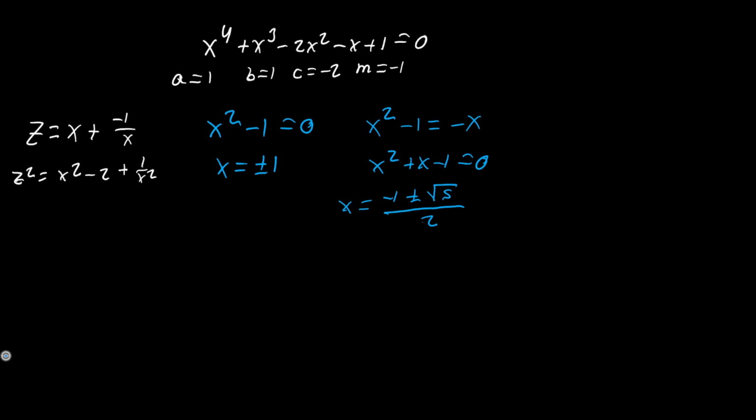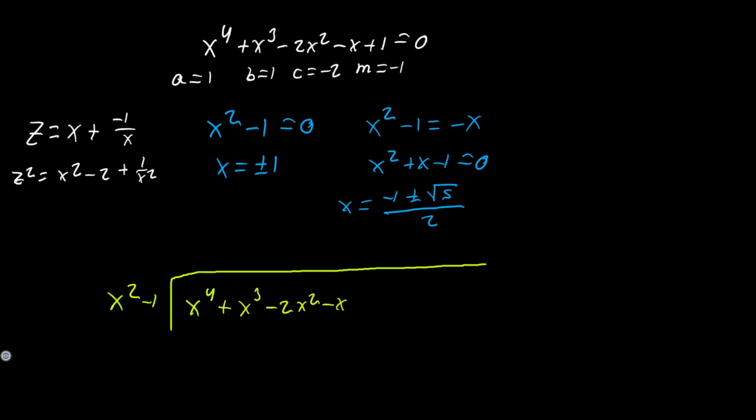So we could go ahead and try to see if these are a solution, but we're not going to plug them in. Rather, we're going to directly divide by x squared minus 1 with the whole quartic. So we're going to have x squared minus 1, and we're going to have the fourth degree, or quartic, on the inside so that we could divide it to get x squared minus x plus 1.